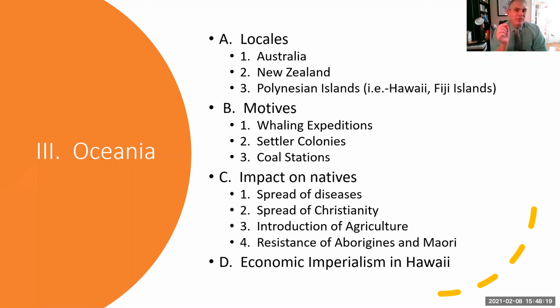Which brings me to another thing about economics, or I'm sorry, about imperialism. There's a pattern that you should start to be seeing. In China, British merchants were engaged in conflict with the Chinese government. This conflict escalated to war, and the British merchants turned to the British government and said, we need help. In India, you had the East India Company, and they were engaged in business all throughout India on behalf of Britain.